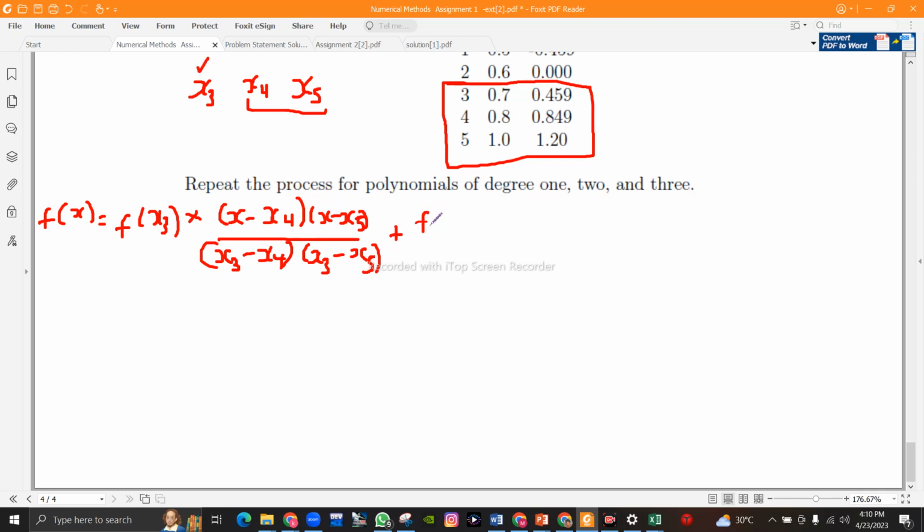Plus f of x4 times, since we are using x4, we subtract 3 and 5, that's x minus x3, x minus x5, divided by x4 minus the remaining two, x4 minus x3, and then x4 minus x5.